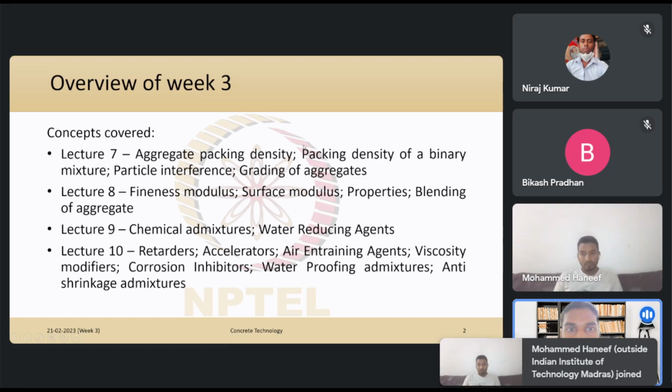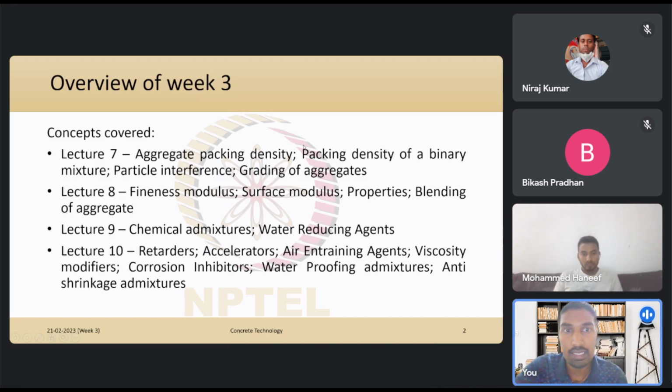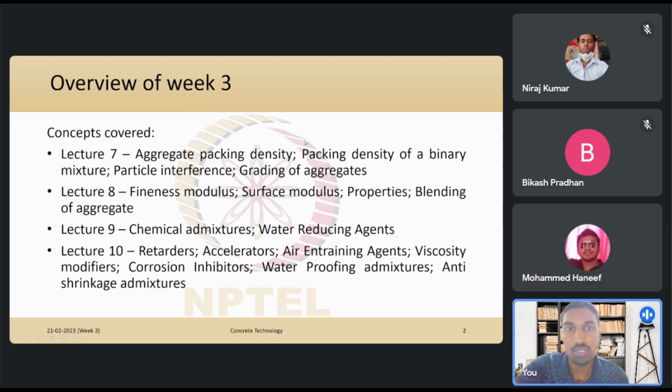Also we looked at binary mixtures. For binary mixtures, we have 2 different sizes of aggregate. In that case, how will the change in proportion of one size affect the packing density, right? And then we also looked at a concept called particle interference.